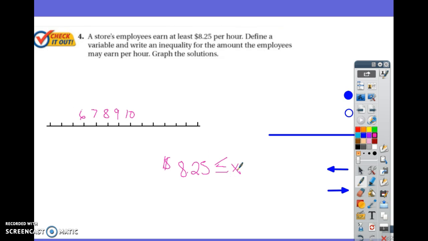That means x has to be greater than or equal to 8.25. It's a closed circle. We're going to put it right there. They have to earn at least that amount of money, so we're going to the right. Arrow there, and that's how we set that inequality up and graph it.